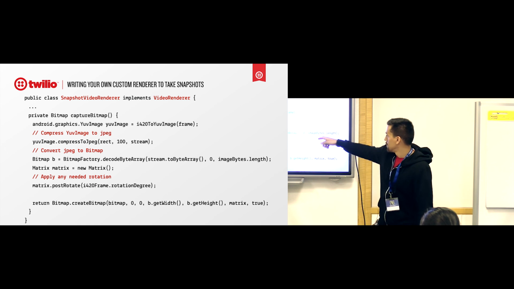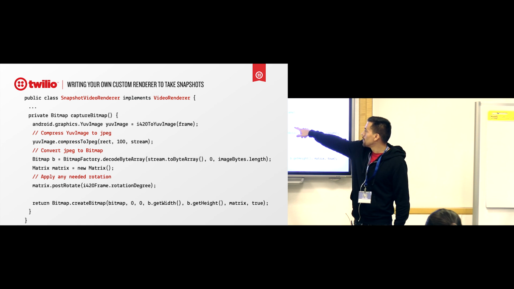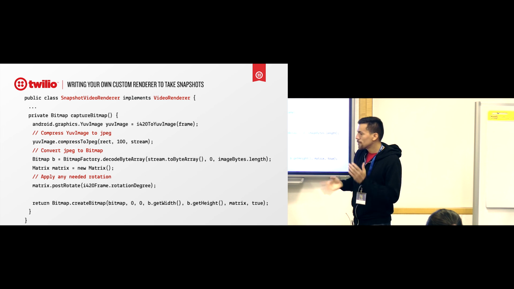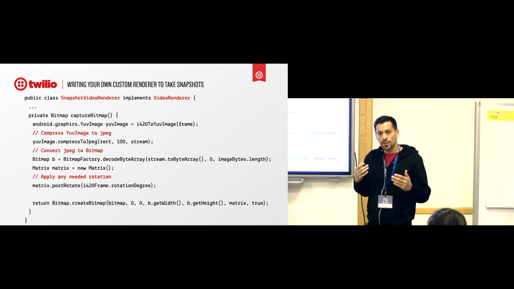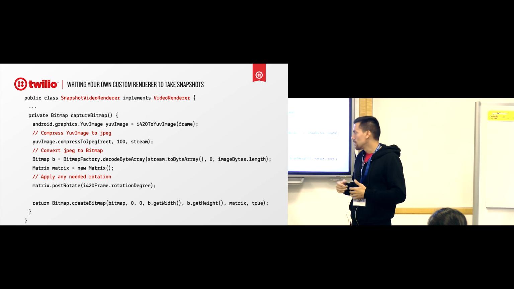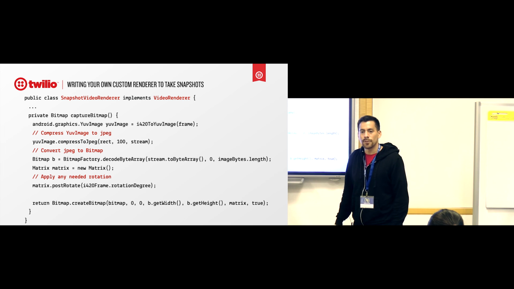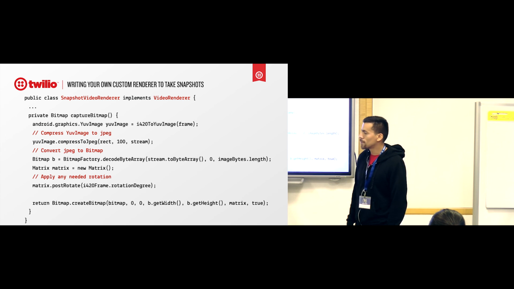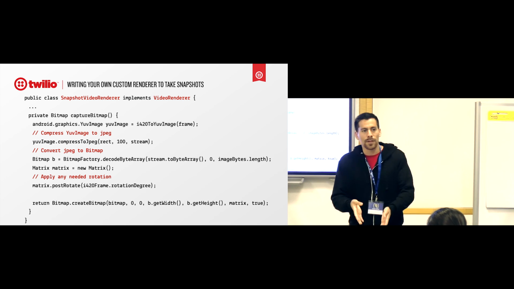Then we end up with a JPEG, and we can create a bitmap from that stream. Lastly, when you convert to a JPEG, the rotation information isn't there, so you need to apply whatever rotation is needed. Then at that point, you can create your bitmap, and that can be placed into the view.